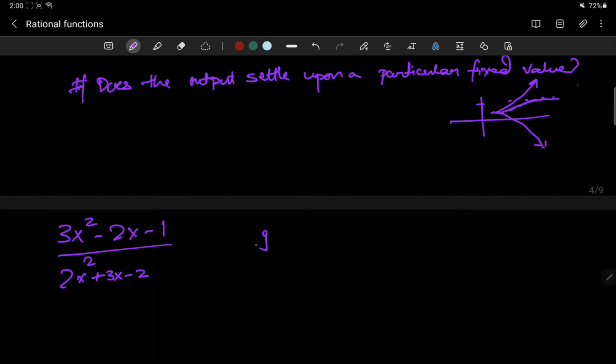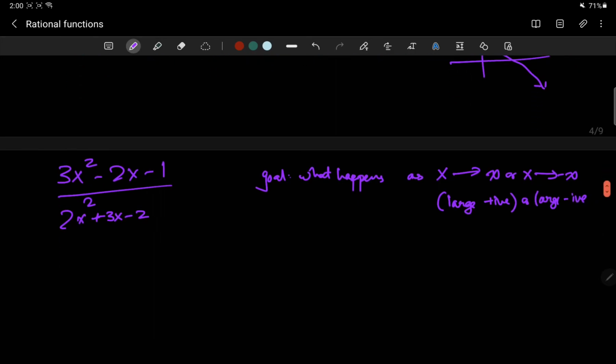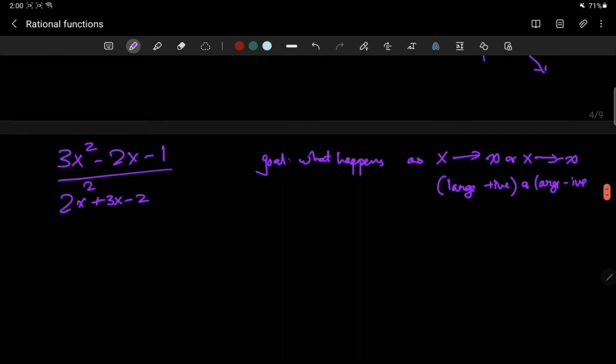Okay, so the goal is to understand what happens as x goes to infinity or x goes to negative infinity, a large positive or large negative number. And then what happens to this? Now here we are going to use a trick.